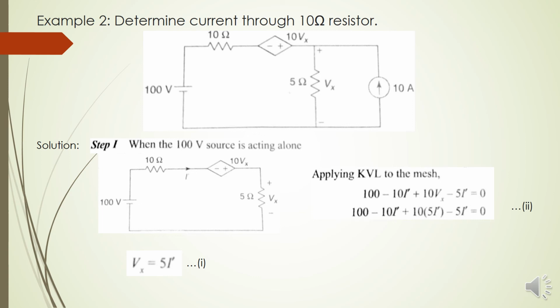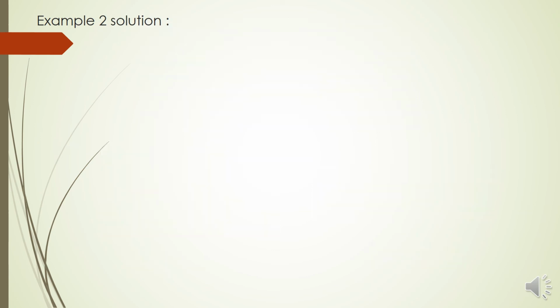So now apply KVL to the mesh. 100 minus 10 I dash plus 10 Vx minus 5 I dash is equal to 0. And hence the value of I dash is minus 2.86 amperes.